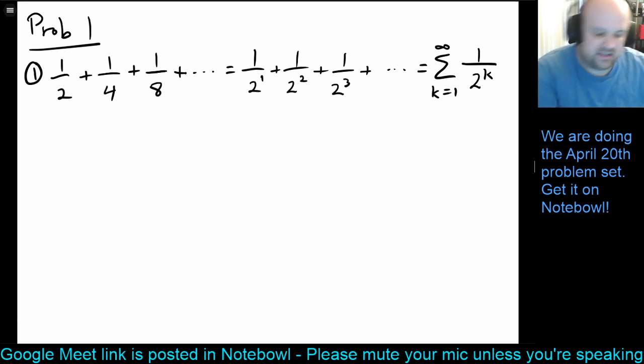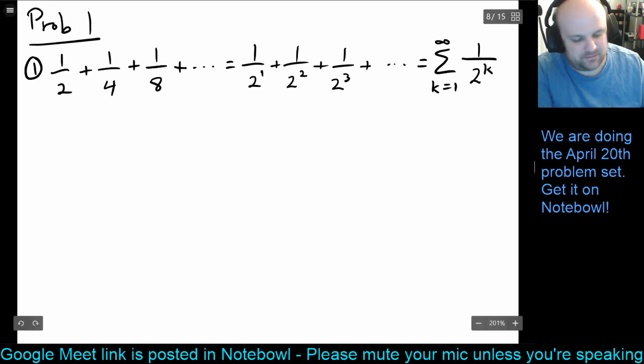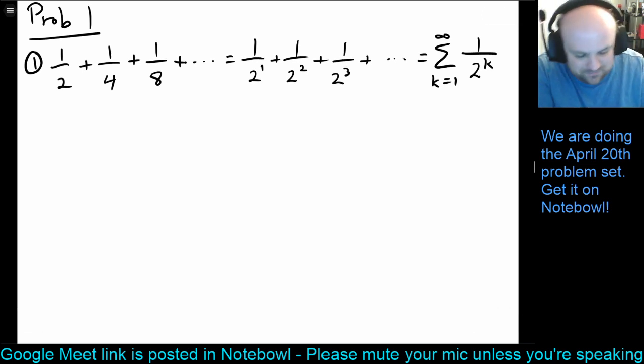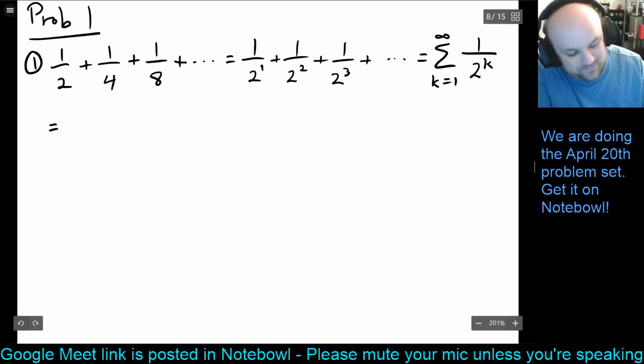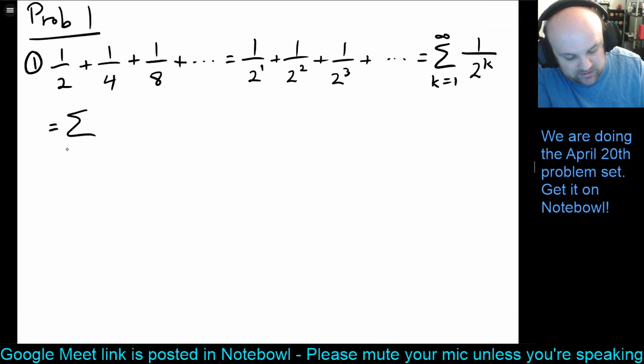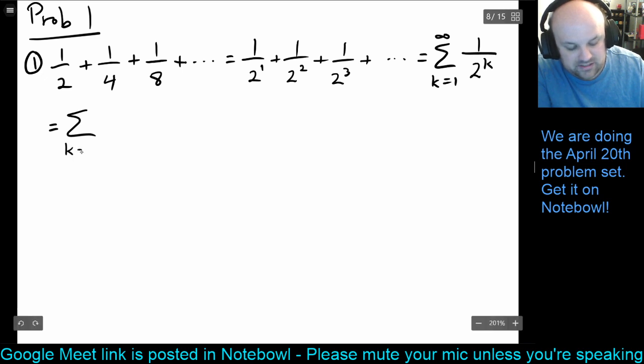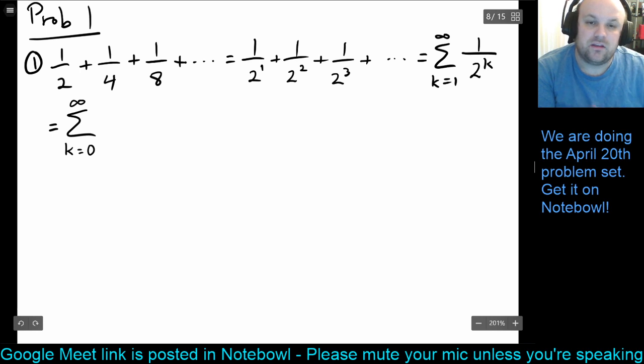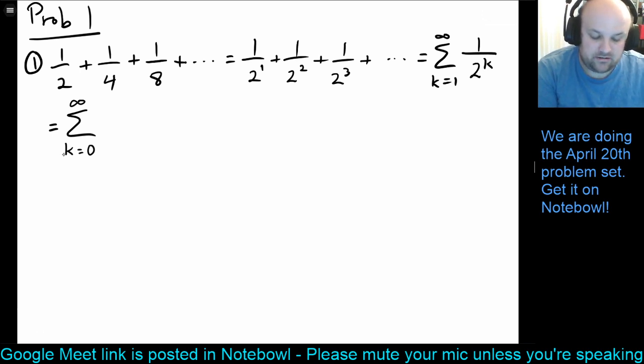It's a technique called reindexing that we'll talk about a bit later. I wish I had done this in the lecture video. It's a bit of a quicker technique. So what I really want to do is start at k equals 0 and go to infinity. So when I do that, notice here, I've moved this number right here.